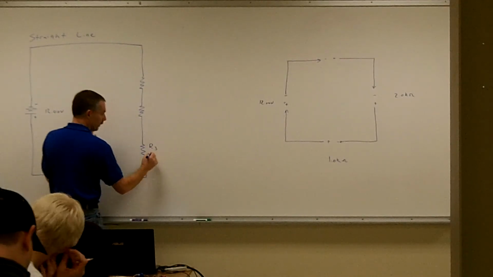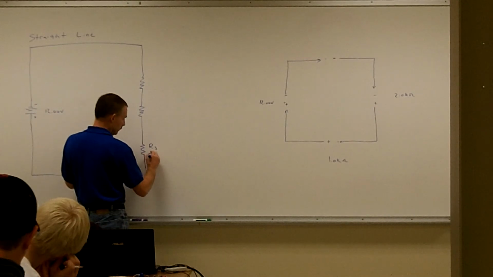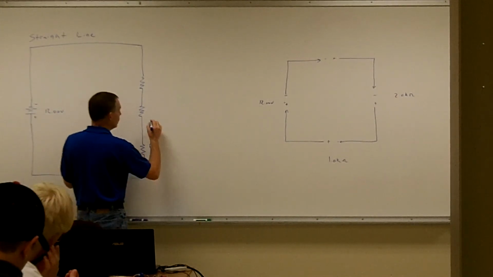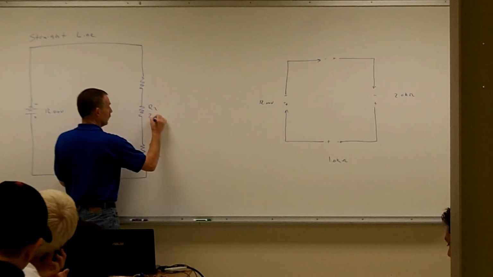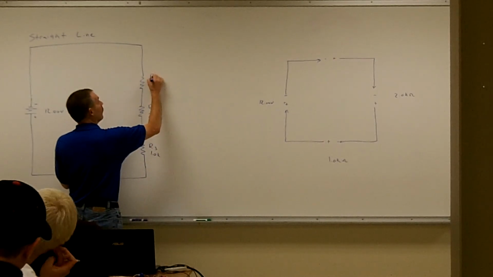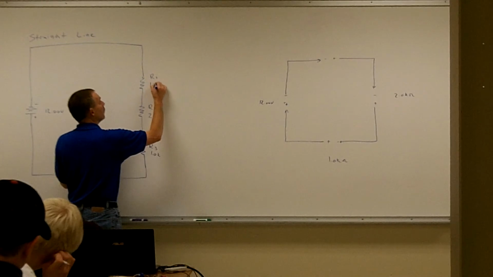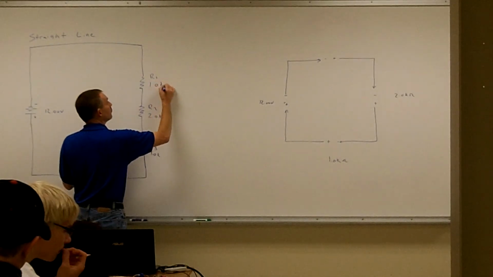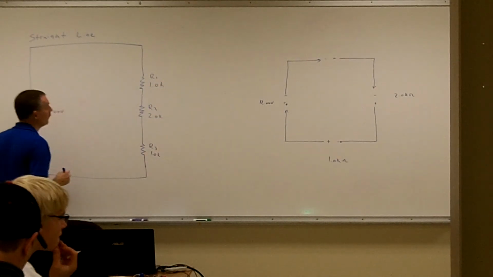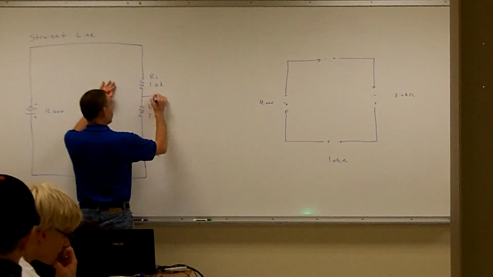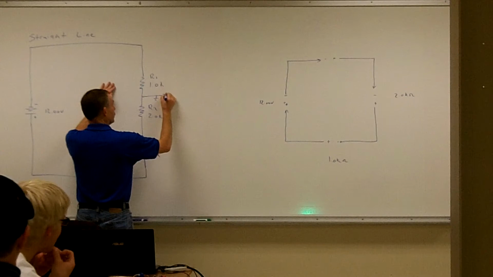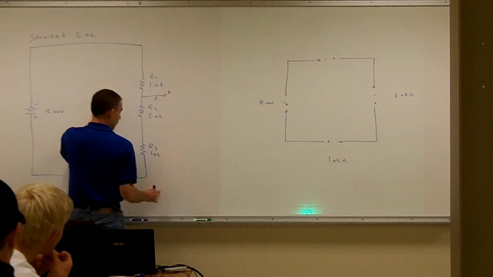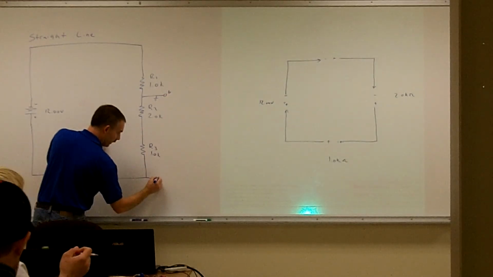And R3 was what for a resistor value? 1 kilo ohm. And R2 is what? 2 kilo ohms. And R1? 1 kilo ohm. Okay, good. And my ground was here, and that was also test point G. So this test point here is going to be what?